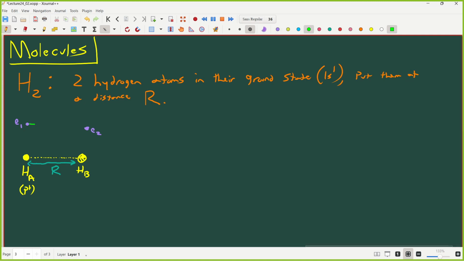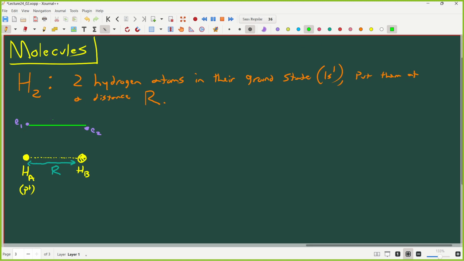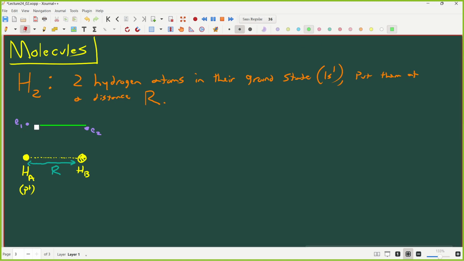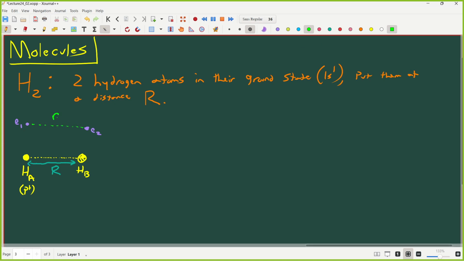So we should measure some distances. The first distance we can measure is the inter-electron distance. So we'll call this R12. Okay, and then we have some nucleus-electron distances as well. One of them is going to be what we'll call R1A.